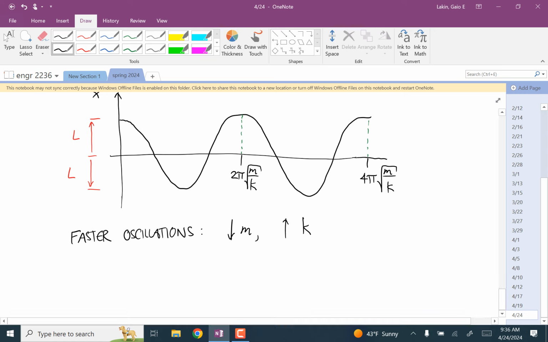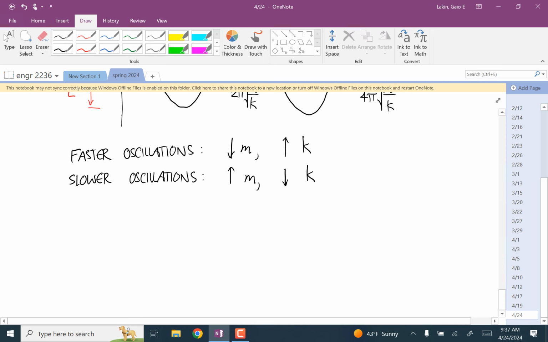And then that means that for slower oscillations, you do the opposite of this. So you can increase M or decrease K. Okay, I'm going to do an example.